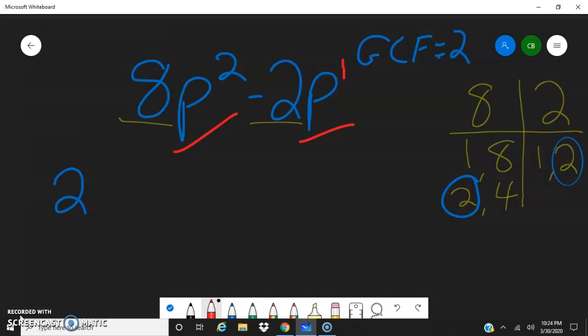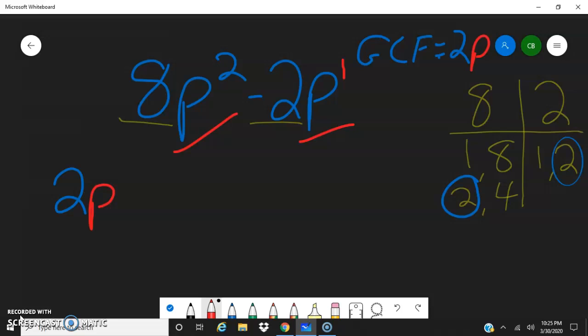So each part of the expression has an exponent of at least the first power, so we can also pull out just a p. That's just finding the greatest common factor part, but now we need to factor the rest of it out. So 2p is our GCF of this entire expression.